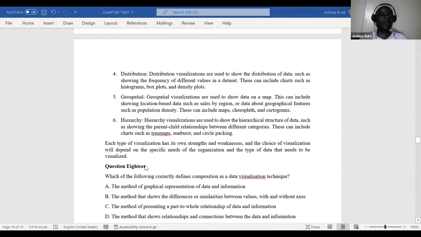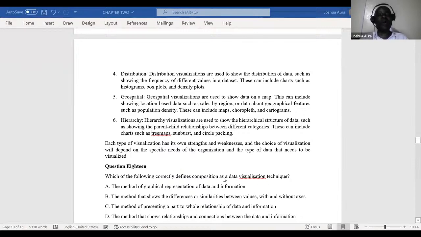You see, like now, how this question was being asked. Which of the following correctly defines composition as a data visualization technique? Last semester, December 2022, question 18, BDA.